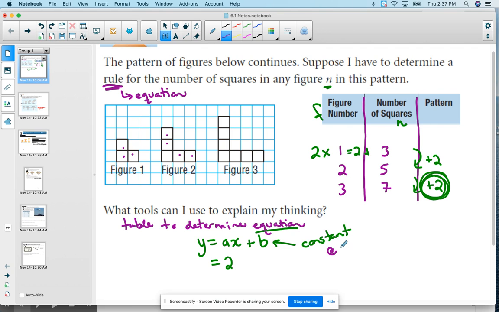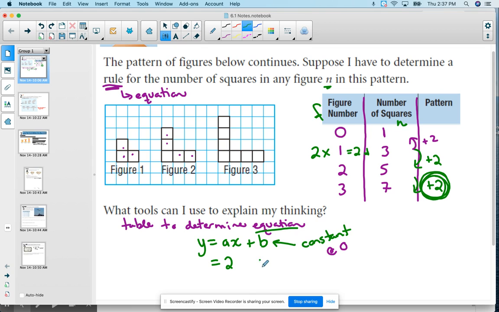So if you go to figure 0, if you're increasing by 2, what number plus 2 equals 3? That's 1. So this constant is actually 1.